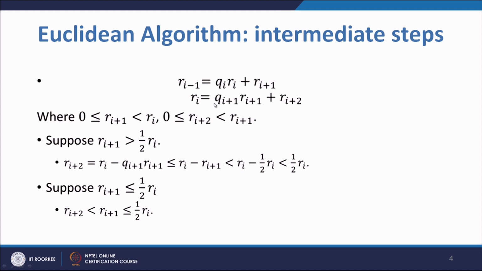Ri goes to the left hand side, Ri equal to Qi plus 1 into Ri plus 1 plus Ri plus 2, and we know that these inequalities will be satisfied, that Ri plus 1 is strictly less than Ri and Ri plus 2 is strictly less than Ri plus 1. So, we first concentrate on this inequality.